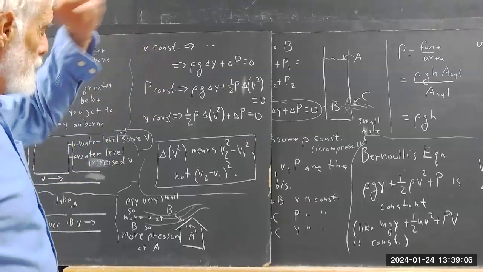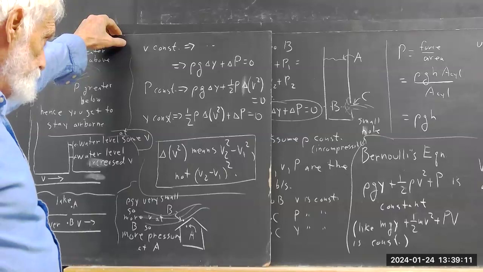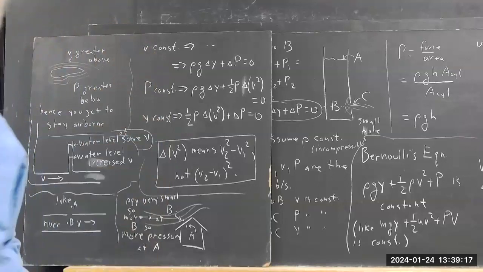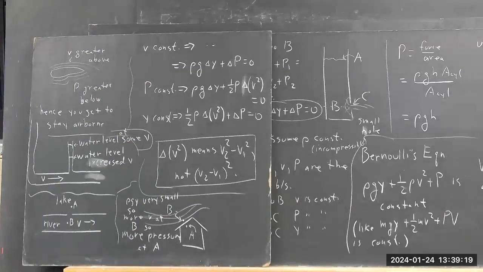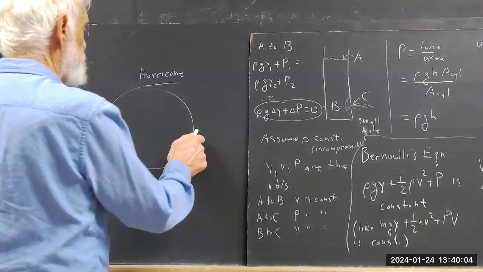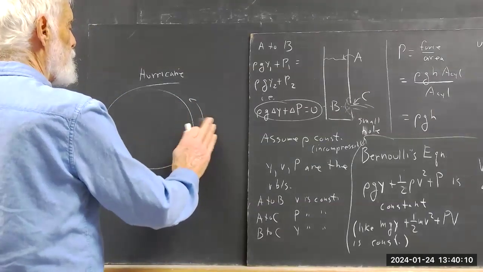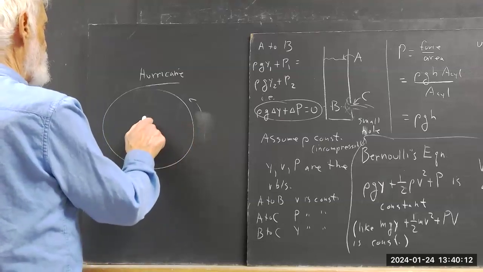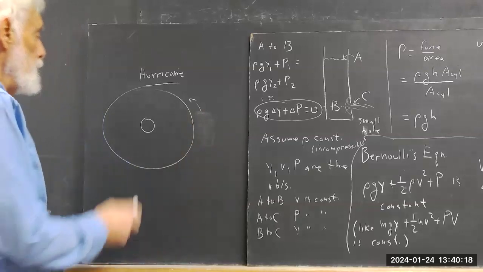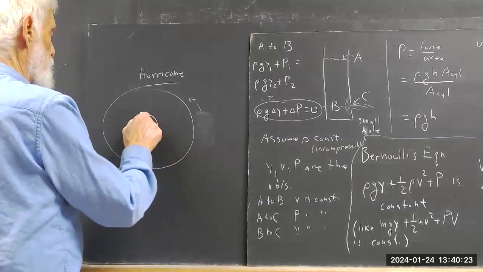Trying to think of examples that'll help you with the problems I just posted. And you have circulation here. If you know about hurricanes, I don't know much about them, you've got the eye wall, and you've got the eye, and you've got circulation around here.